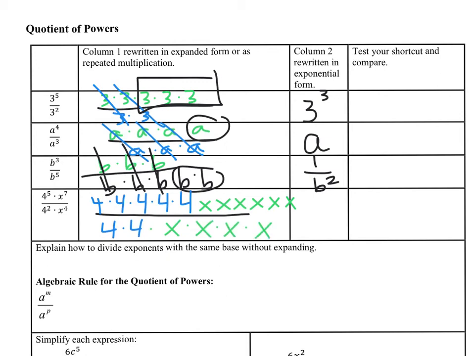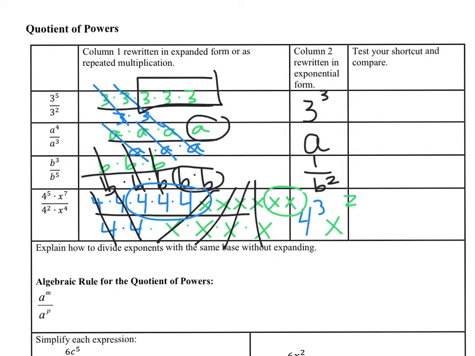So if I cancel out things that make 1, 4 divided by 4 makes 1, 4 divided by 4 makes 1, x divided by x, x divided by x, x divided by x, x divided by x all make 1. So I'm left with 3 4's, 4 to the third, and I'm left with 2 x's, x to the second.